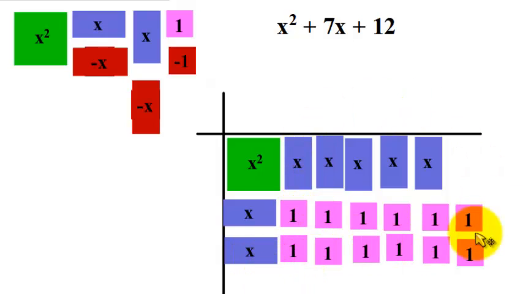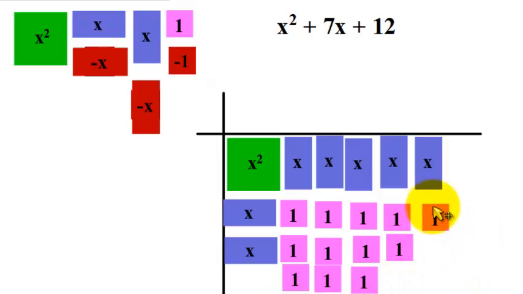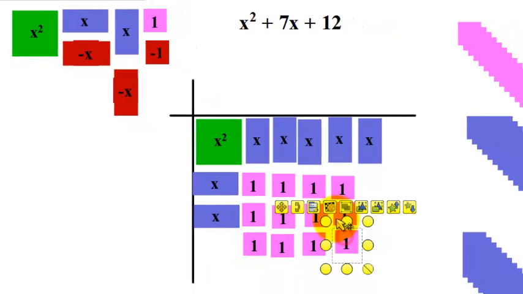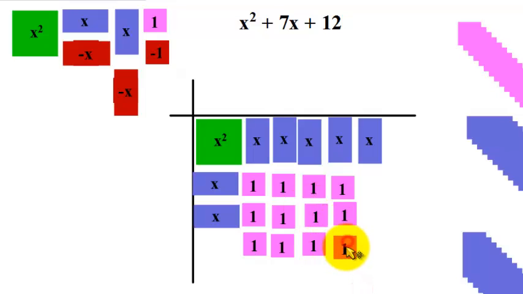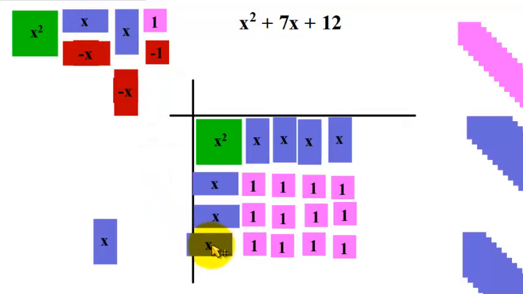So what if I move these tiles here, and form a rectangle among the pink tiles, and then I will remove this and add an x tile here.